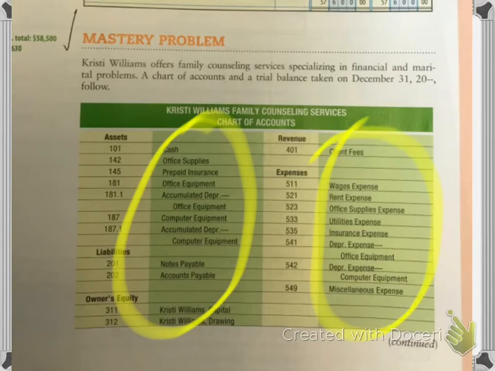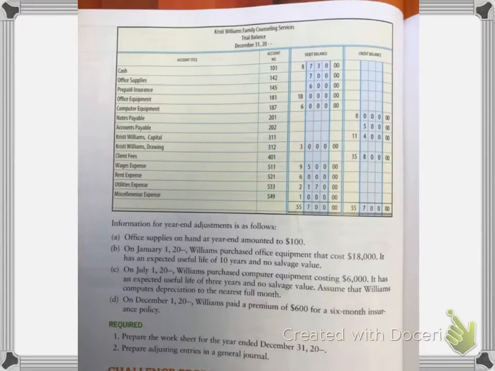You'll just leave that line blank as far as the balance is concerned, but you need to include every account because there may be an adjustment that affects an account that is not on this trial balance.